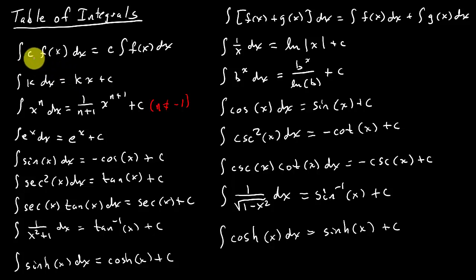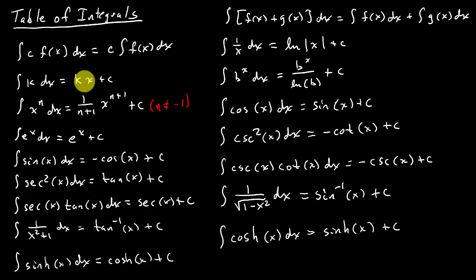So we've got the integral of c times f of x dx. Well, c is a constant term, and what this property is telling us is that we can take a constant term and pull it outside of the integral. Okay, and then this one is telling us if we integrate a constant term, k is a constant, then it's just that constant term times x.